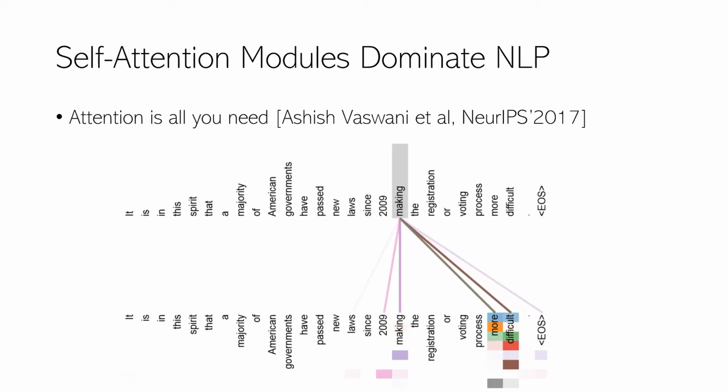The self-attention module has dominated the base architectures for the field of natural language processing, specifically by the transformer architecture from Google Brain. In this architecture, the self-attention modules are used to build dependency between tokens or language words.